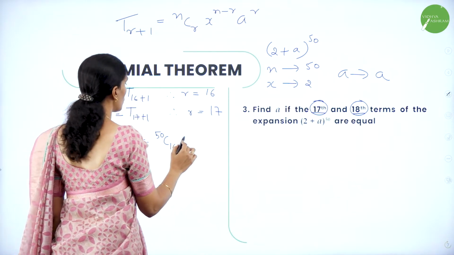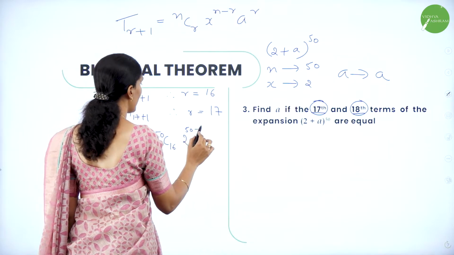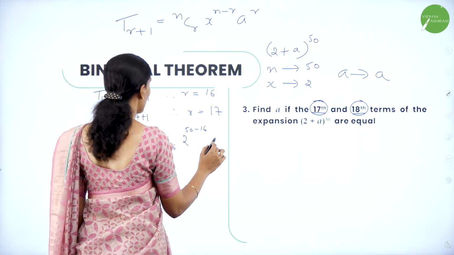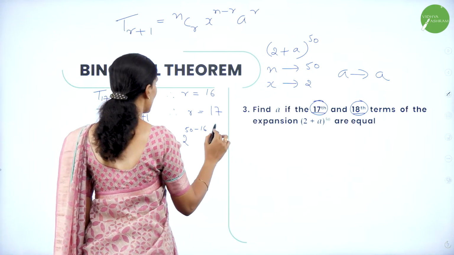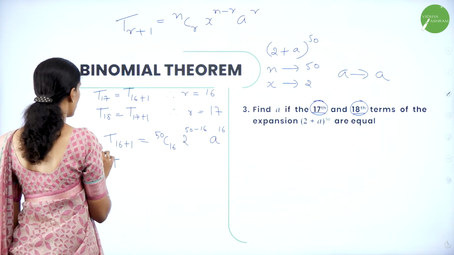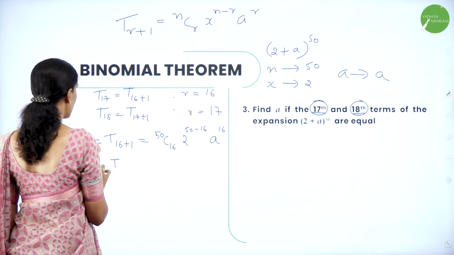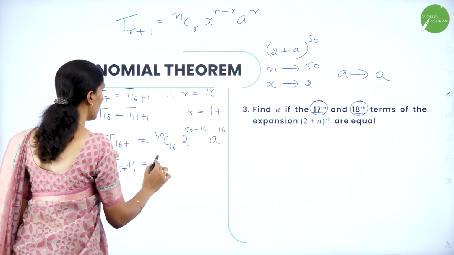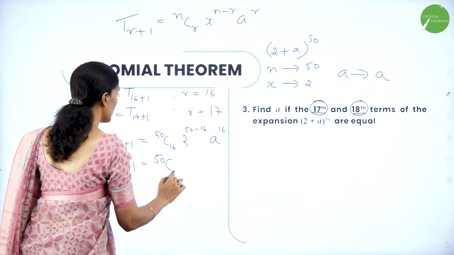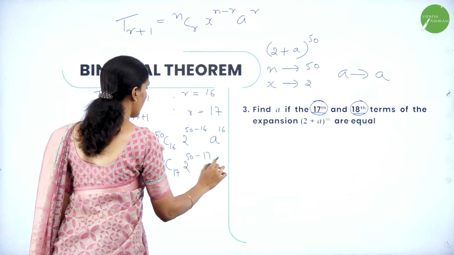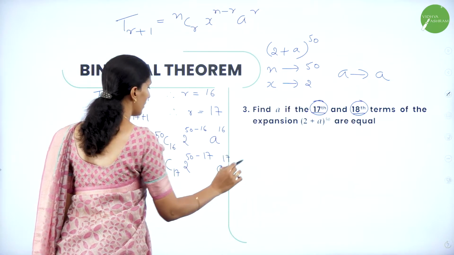It is 2. So, 2 power 50 minus 16. What is my a? a itself. So, a power 16. And what is my T18? So, this is T17 and this is T18, 17 plus 1. So, what happens here? 50C17, 2 power 50 minus 17, a power 17.